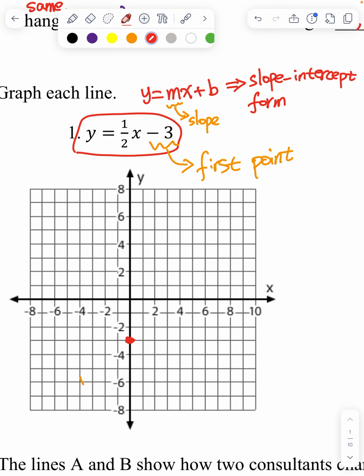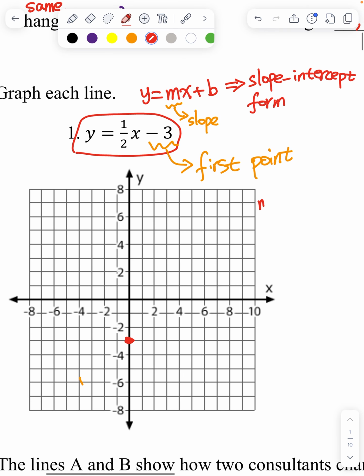Now we're going to use a slope. Slope is 1/2. So how do I use slope to find the second point? Slope, you learned in the middle school. Slope is rise over run. It's a fraction.